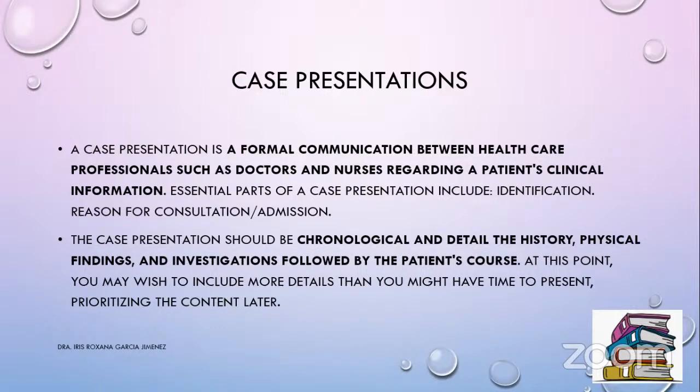While finishing the physical exam, we start talking about labs, X-rays, ultrasound, CT scan, MRI, according to the imaging study you developed and you get the result. And finally, you talk about the treatment that the patient is receiving.